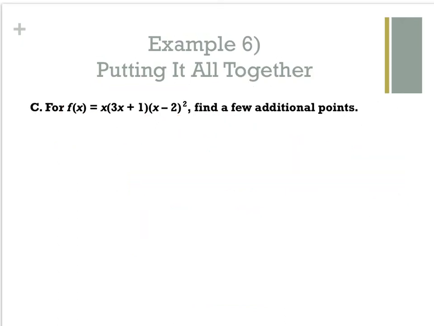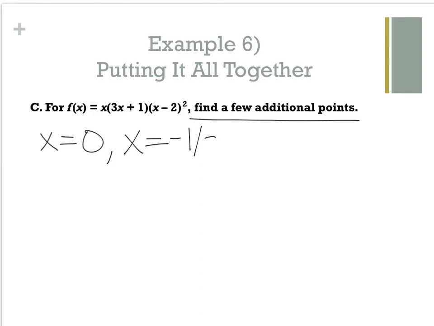In part C, what they want us to do is find a few additional points on this graph. So far we've determined we have x equals 0, x equals negative 1/3, and x equals 2, which has a multiplicity of 2.